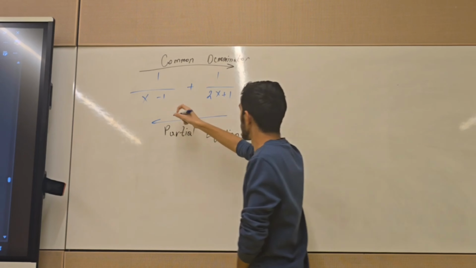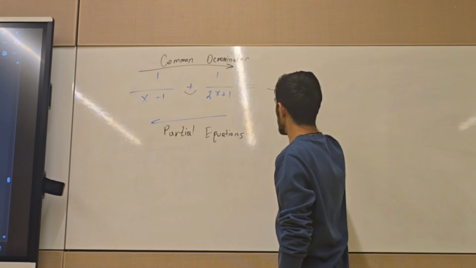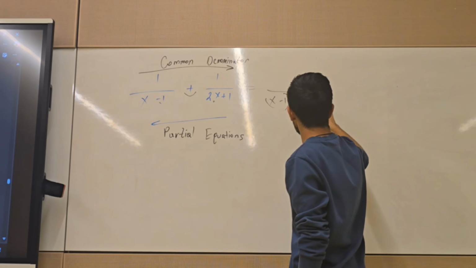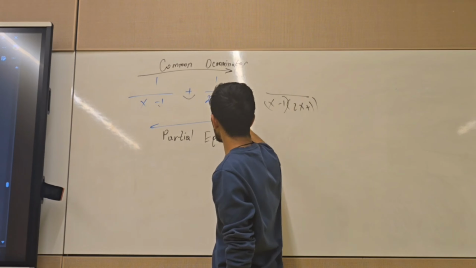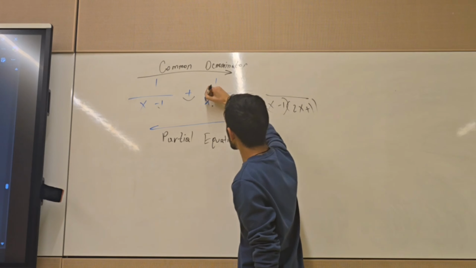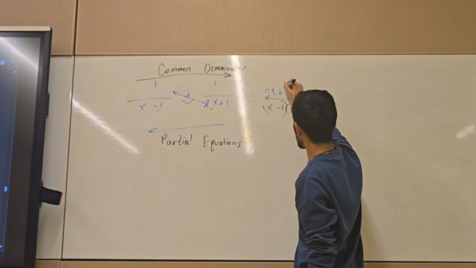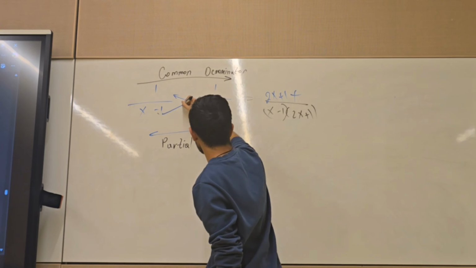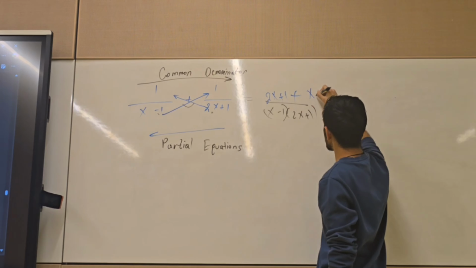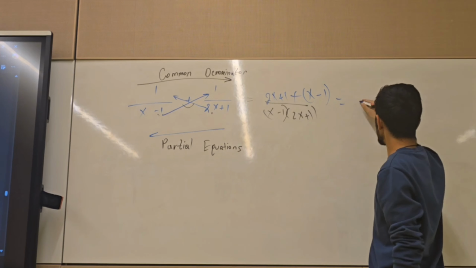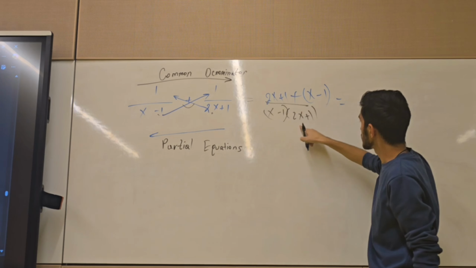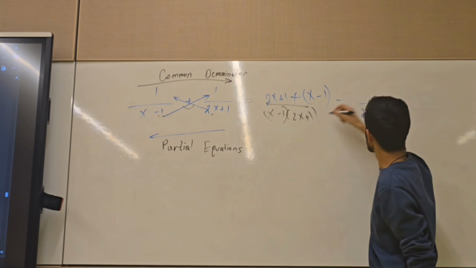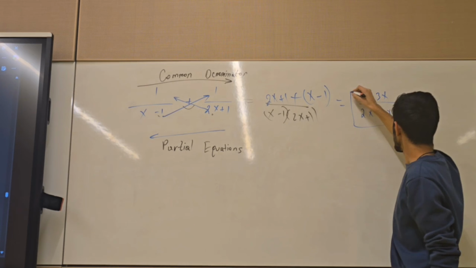These are partial equations. To write a sum, we make a common denominator. In this case, we multiply x minus 1 and 2x plus 1. As we don't have 2x plus 1 in the first term, we write 2x plus 1, plus, then as we don't have x minus 1 in the second term, we write x minus 1. Writing the final equation, this is 2x squared minus x minus 1, and this is 3x. This is our final part.